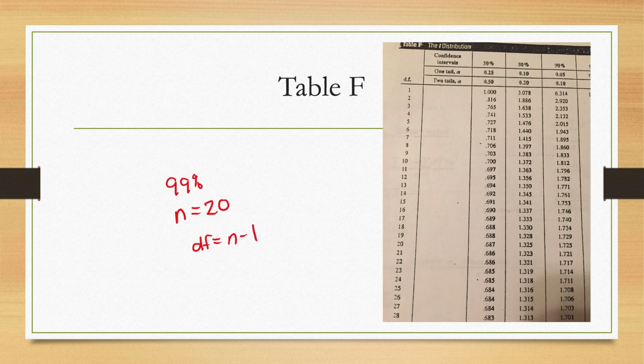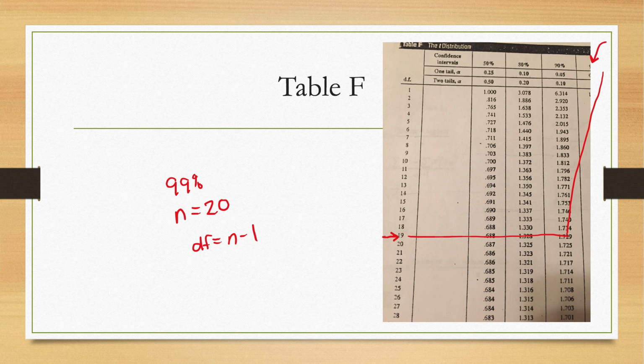So I'm going to be looking at 19, and on the confidence interval row across the top, I'm going to be looking at 99%, which is way over here. You can reference your table from the copy that you have. I'm going to be intersecting that row and that 99% column that's going to come in right here.